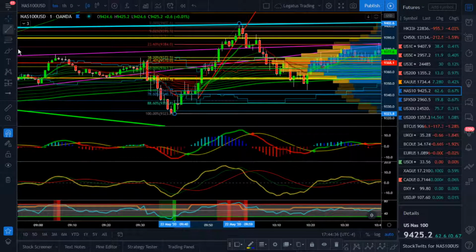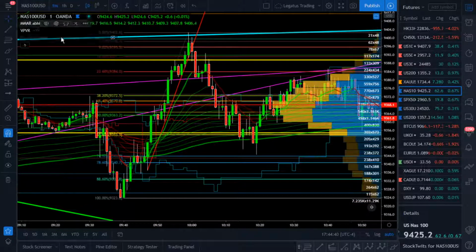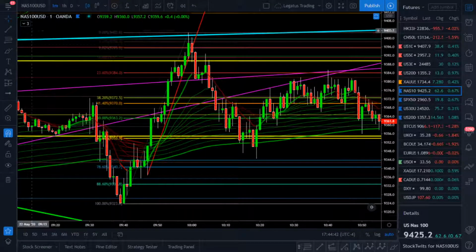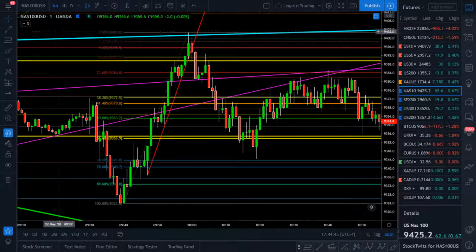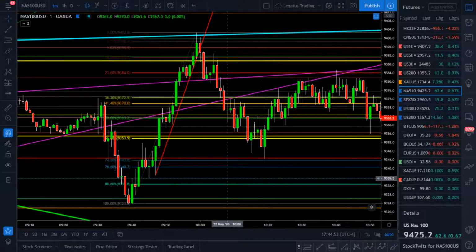In this case, it actually retraced all the way down to the 76.8% retracement. As a result, we managed to capture the majority of that large trade by keeping our stop in profit, riding it all the way down and taking profit along the way.